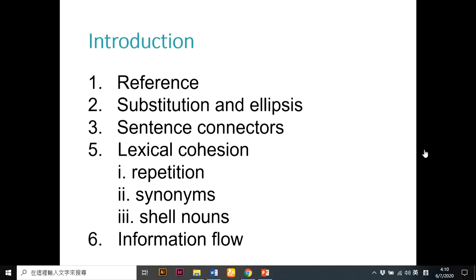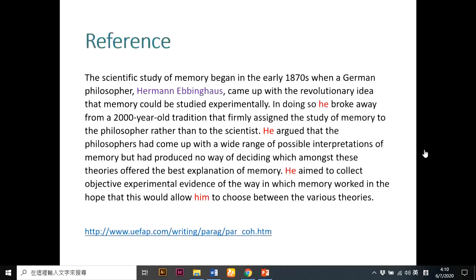Here are the different ways of achieving cohesion and information flow that we're going to look at. We'll start with reference. In this slide, the writer uses the word he, which is highlighted in red, along with him.